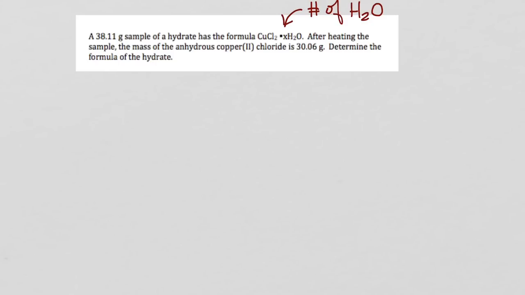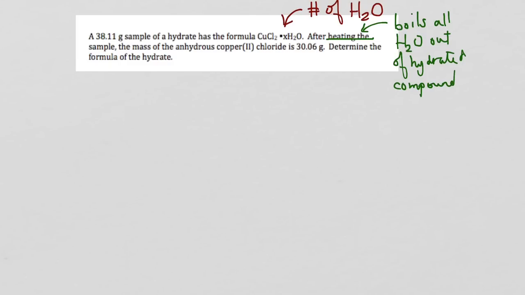When they say heating, what heating does is that it boils all the water molecules out of the hydrated compound. And what you're left with is the compound without the water.